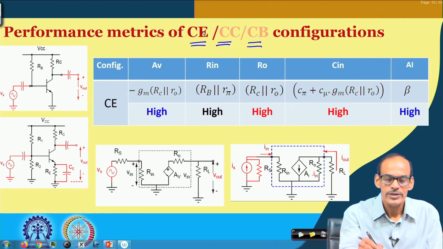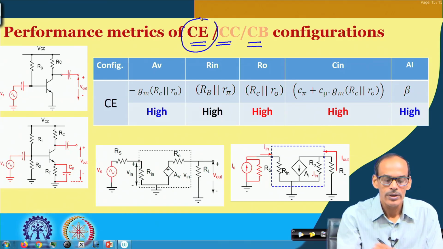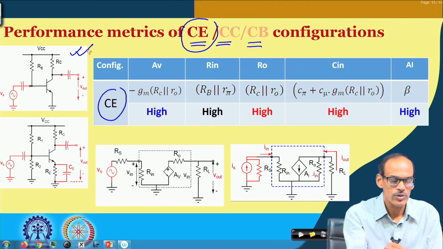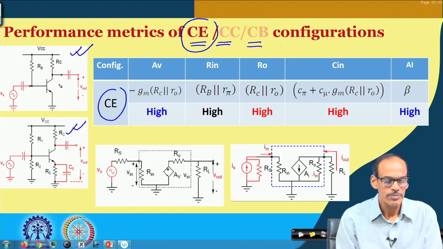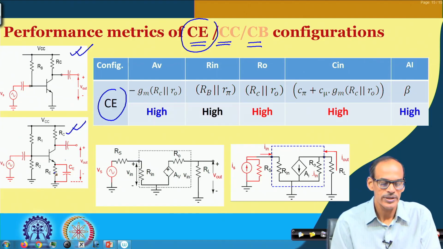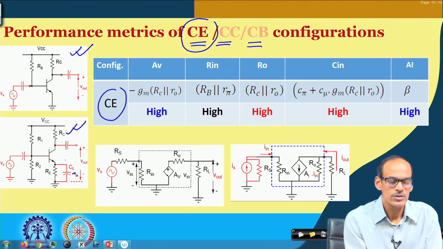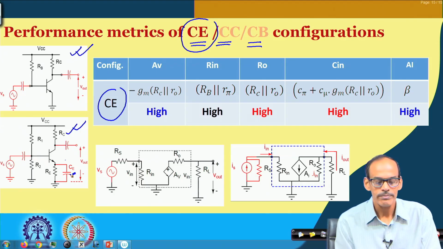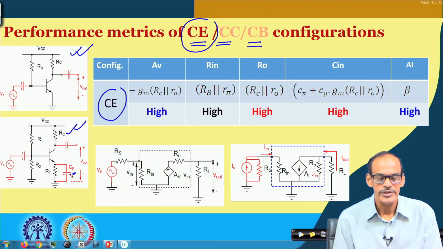we consider one configuration, and these are the circuit configurations we have already discussed. Either we may have a simple CE amplifier, or a CE amplifier with emitter degeneration bypassed with a capacitor, and so on. But both circuits have common performance metrics.